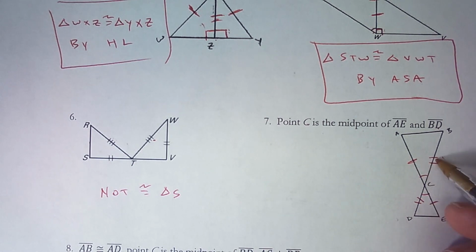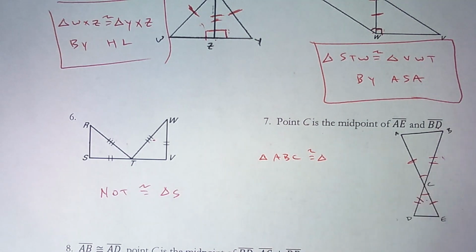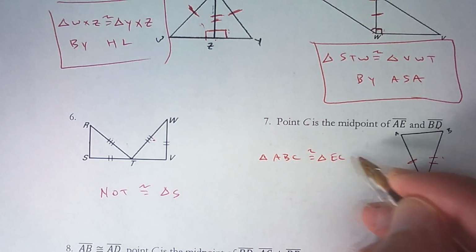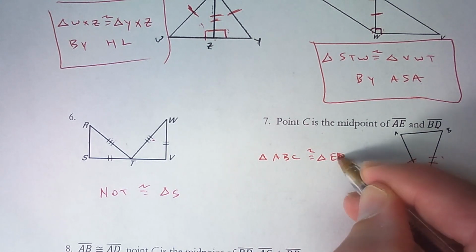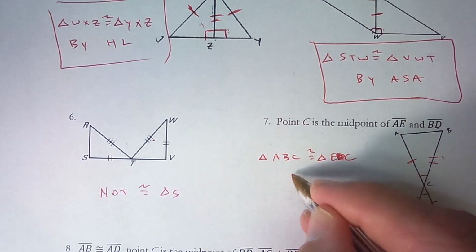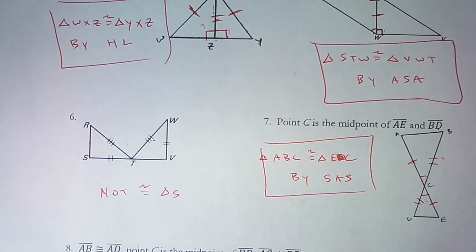They are congruent to each other. I've got two sides and the included angle. Side, angle, side. Triangle ABC is congruent to triangle EDC by side, angle, side.